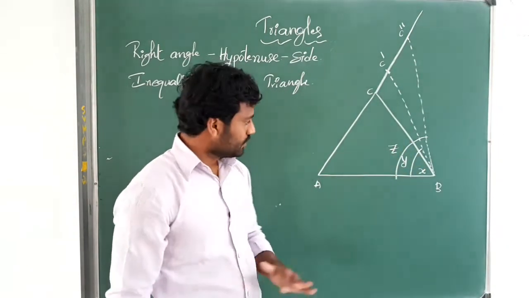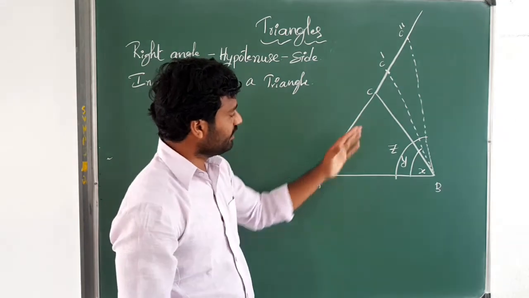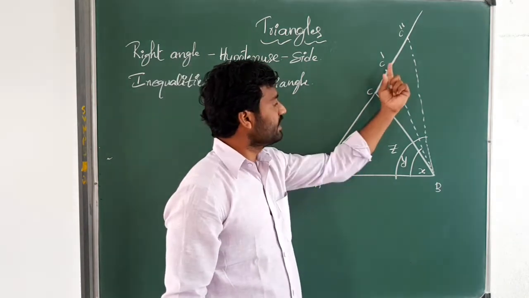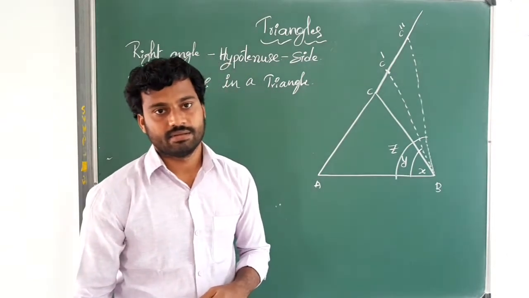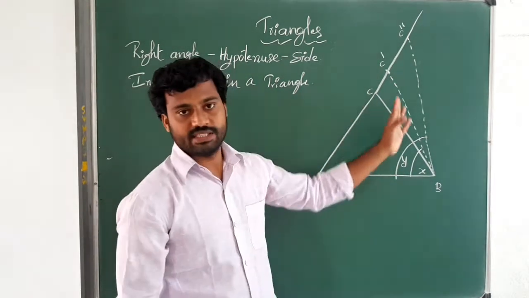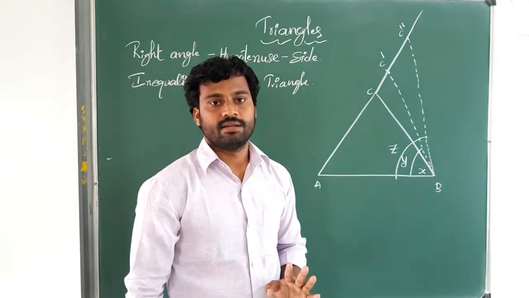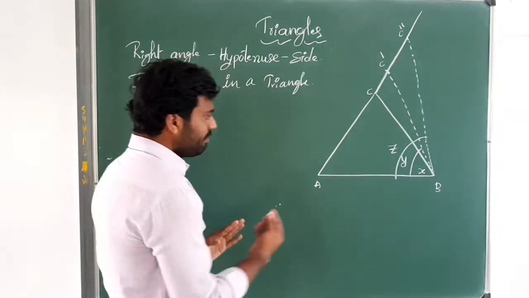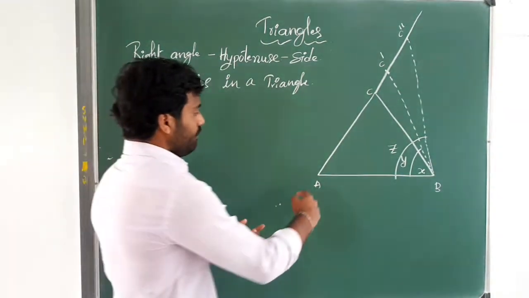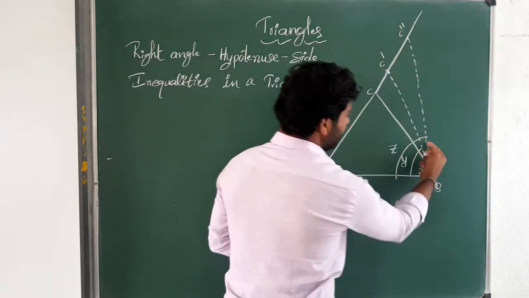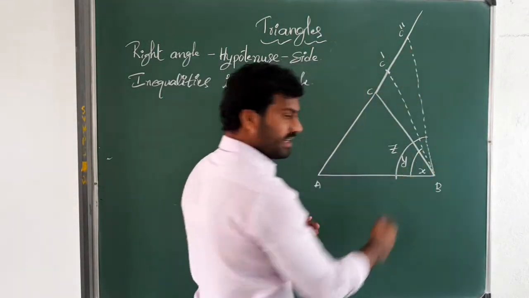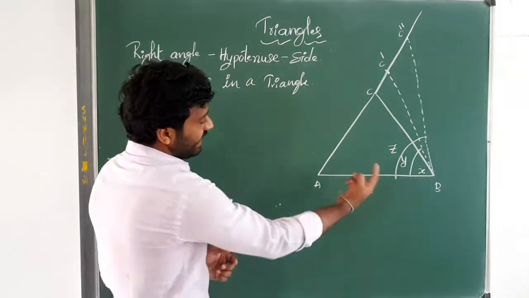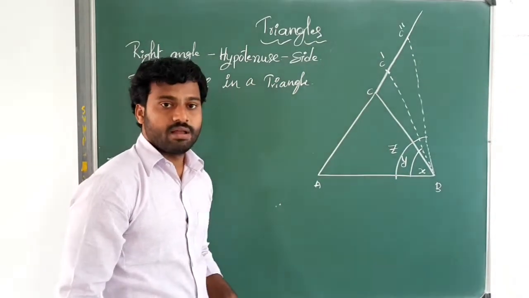So what is happening? If length is increasing, automatically angle will increase. This is the inequalities case. At the same time, if you are increasing length, angle is increasing. If you are increasing angle, what will happen to the length?